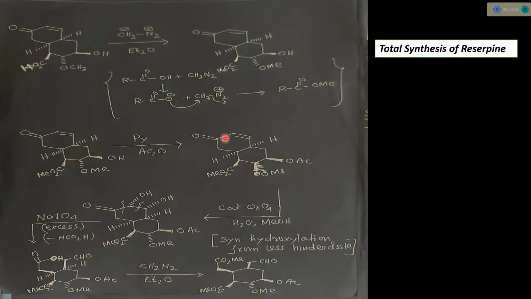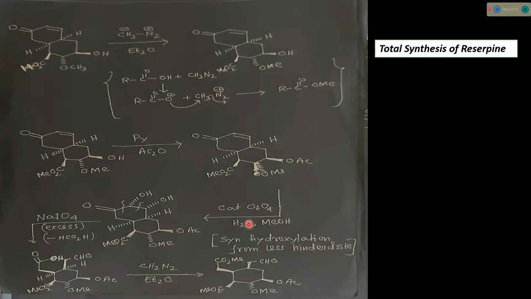Now see, there is a double bond. This is an unsaturated carbonyl compound, and the double bond is there. If we use osmium tetroxide, then we all know syn hydroxylation from the less hindered side will take place. Since the hydrogens in this link are below the plane, and this bond in the six-membered ring is above the plane, the upper side of the double bond is more hindered.